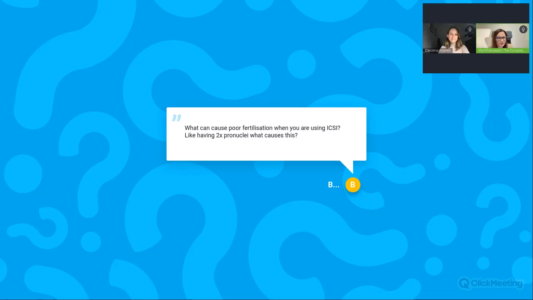I do believe it was useful for you. Let me have a look. Belinda, I would like to know what can cause poor fertilization when you're using ICSI, like not having two pronuclei. What causes this? Okay, so poor fertilization can be associated again with male factor as well if it's not approached correctly, or that the oocyte quality might be compromised.